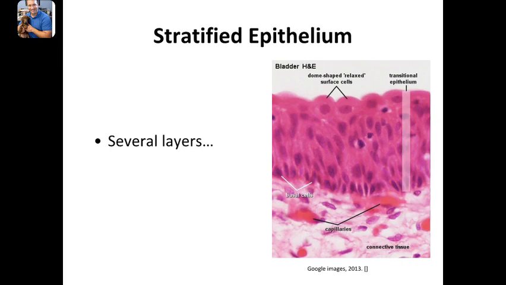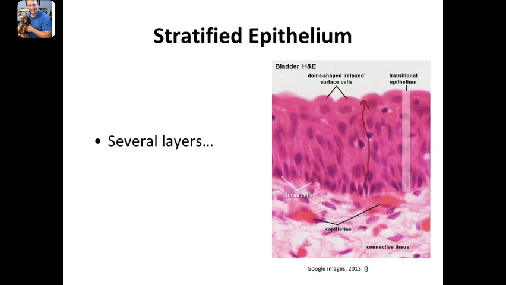And stratified epithelium has several layers. This is going to be transitional epithelium. I want you to take a good look at this because of the top layer of cells, or the apical cells. This is the basement membrane, or the basal cells, down here, and the very top cells that are going to be in touch with any of the contents, in this case of the bladder, are going to be called apical, and that's how a cell is identified, by the apical cells.